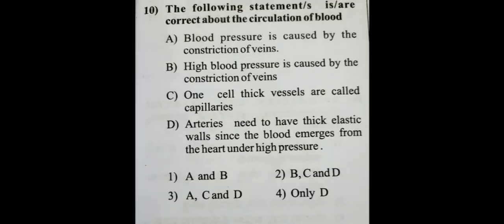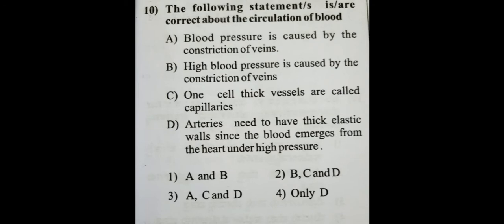10th question. The following statements are correct about circulation of blood. Now, four statements are given. Now, you want to identify the correct statement which is related to the circulation of blood. Statement A goes like this. Blood pressure is caused by constrictions of veins.